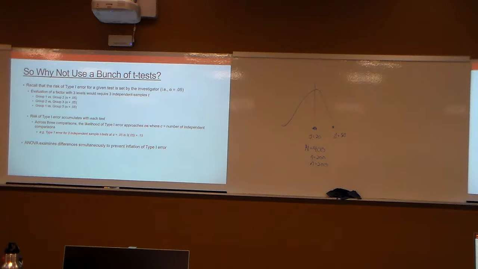Then we avoid compounding type 1 error with individual tests. Now, this isn't a perfect solution, and we'll talk about why down the road. But in general, if we're just trying to see whether we have evidence of something going on, our omnibus ANOVA test can be helpful.